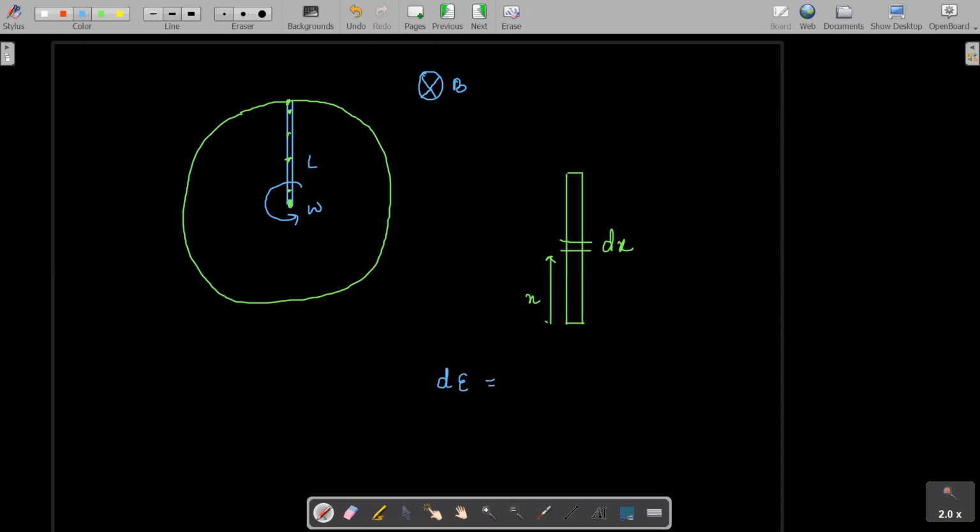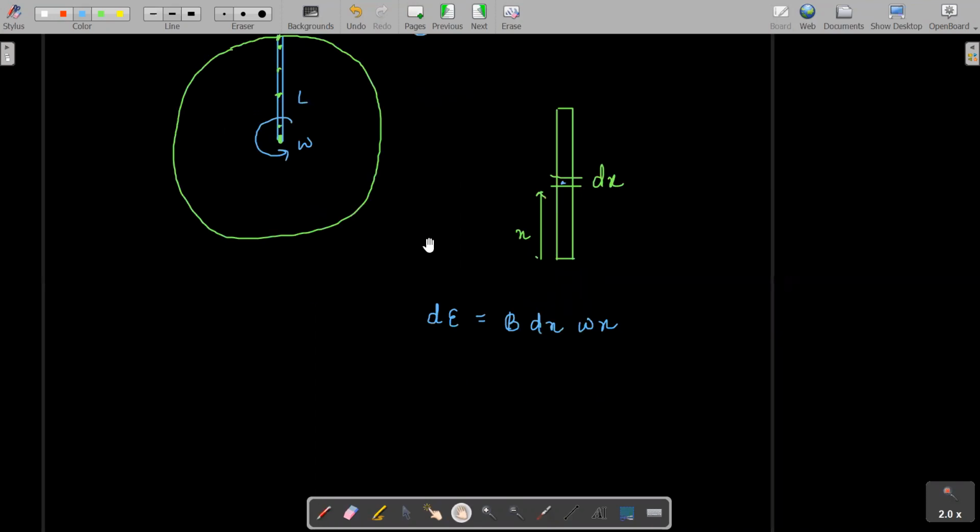What will be the value of dE, students? Small EMF induced dE will be B, the magnetic field, times the length, which will be dx of this element, times the velocity. If this is rotating at some angular velocity omega, what will be the velocity of this point? It will be omega into x, because we know v is equal to r omega, which we have studied in circular motion.